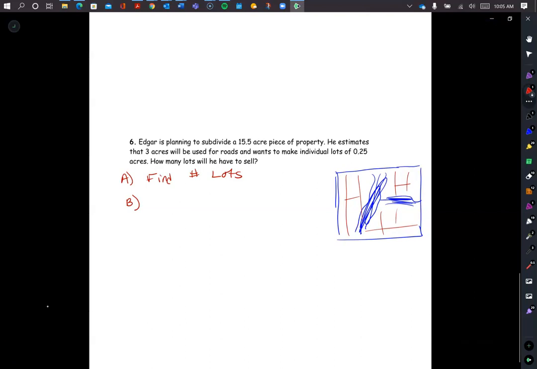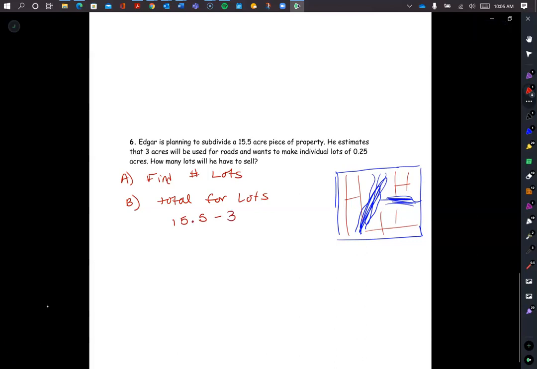So we would say total for lots would be 15.5 minus the 3 acres.